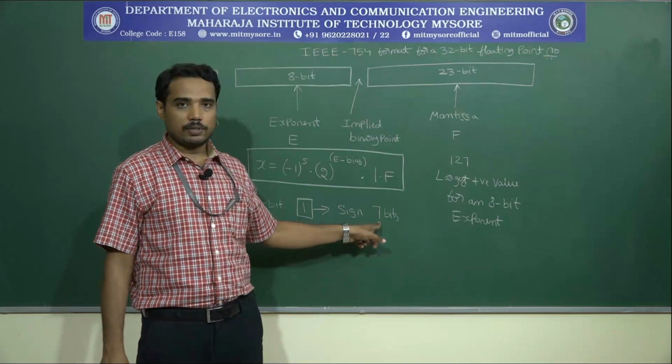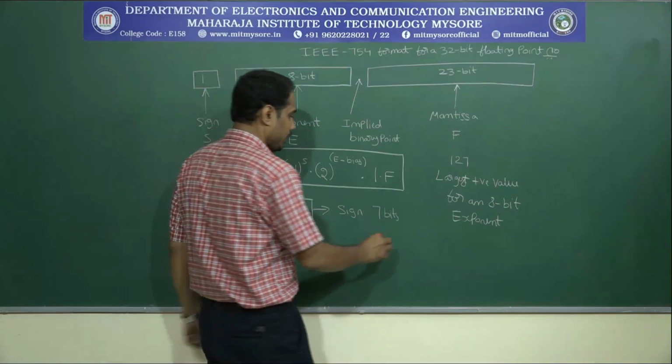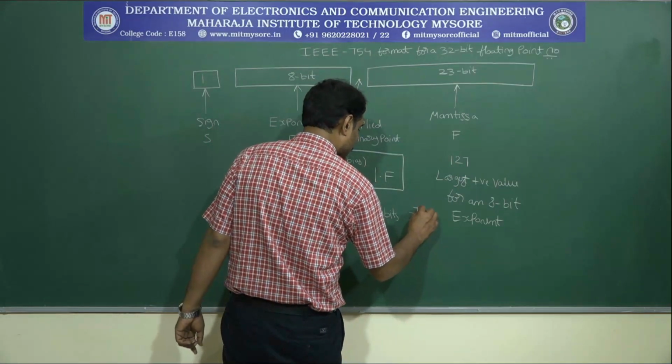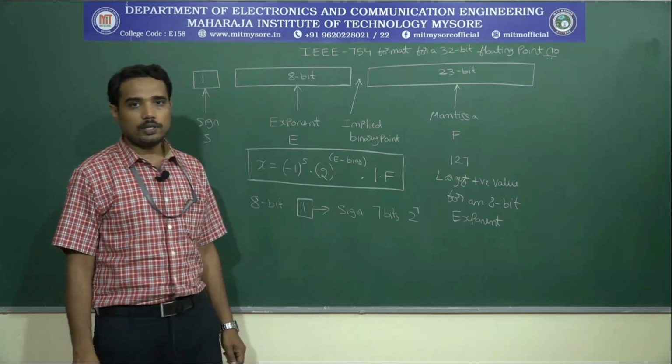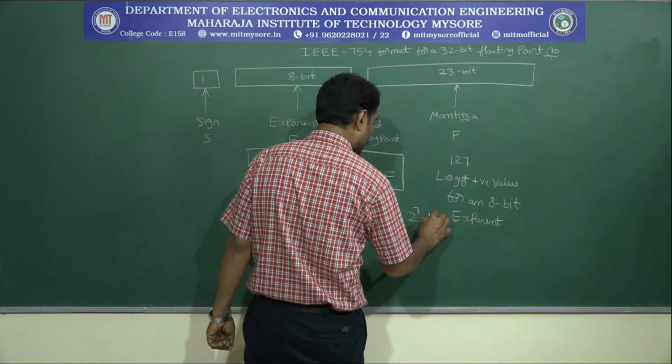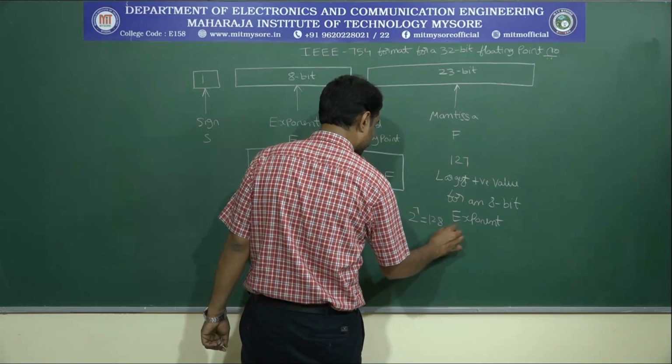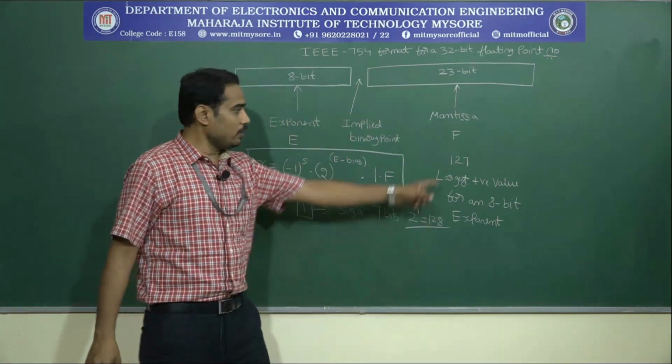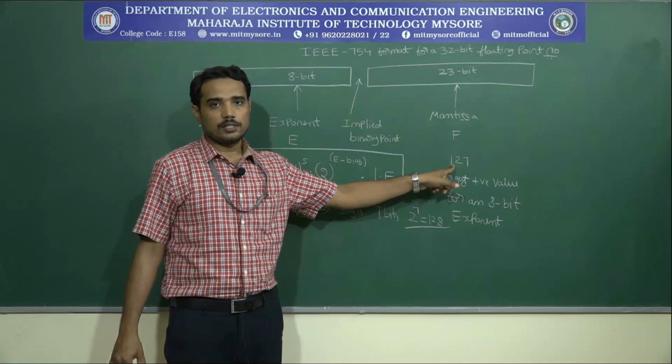With the rest of the 7 bits, I can write 2 power 7, and we know that the value of 2 power 7 is equal to 128, but we have written 127. What is the reason?